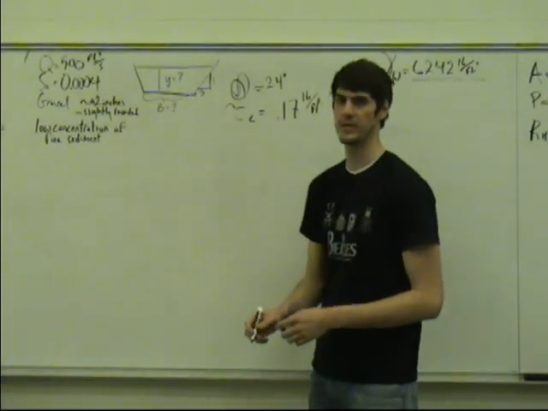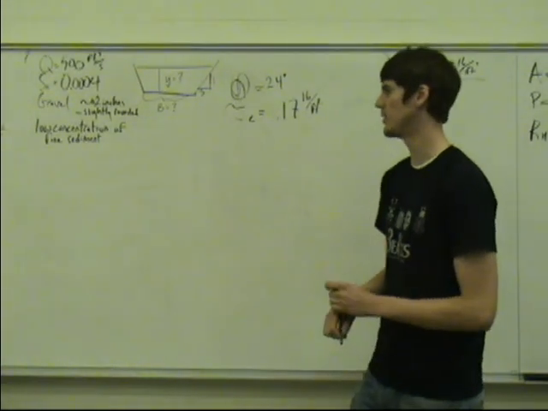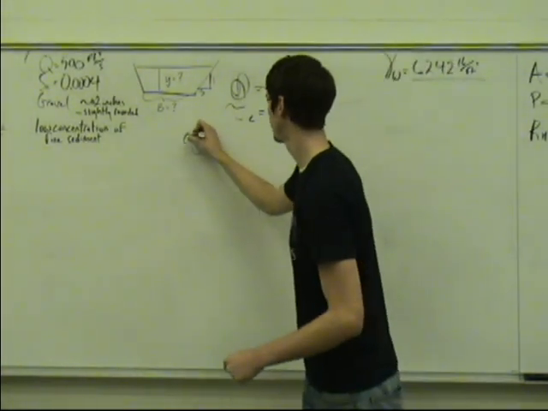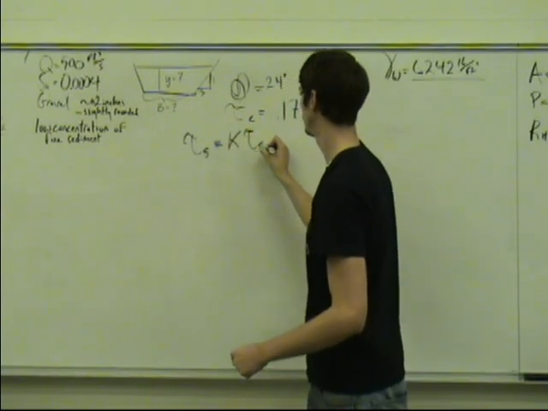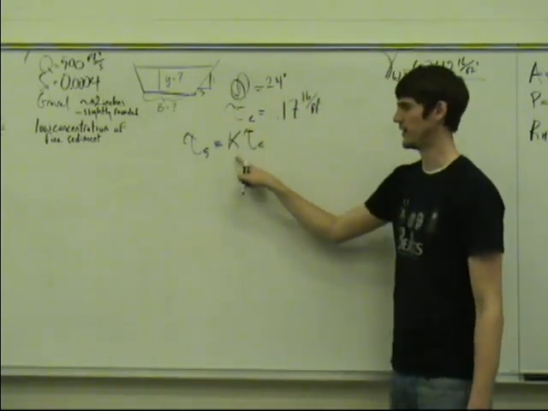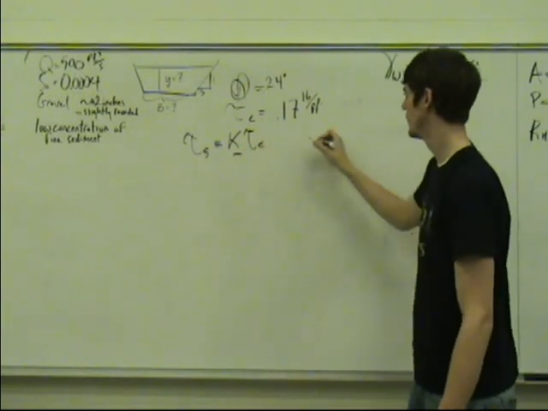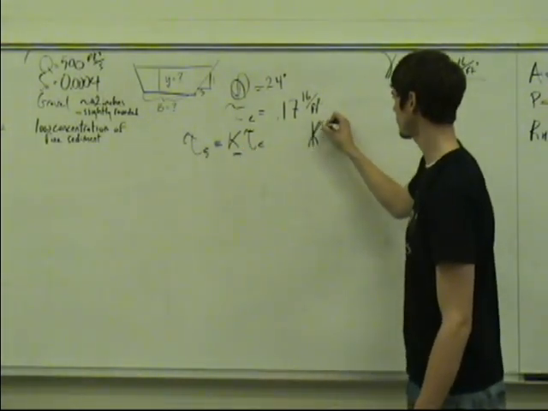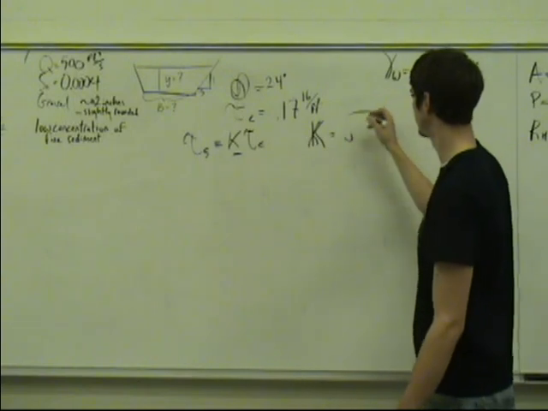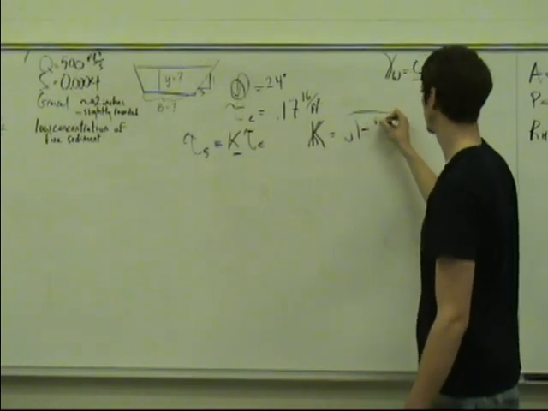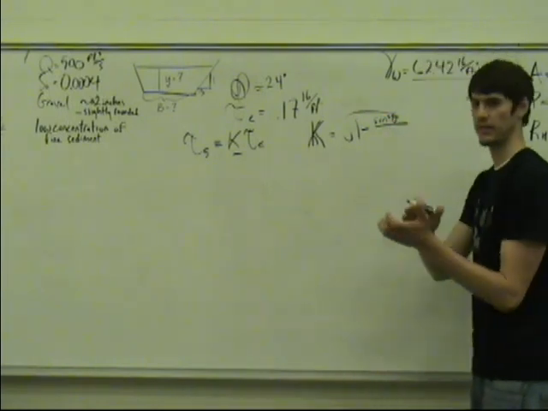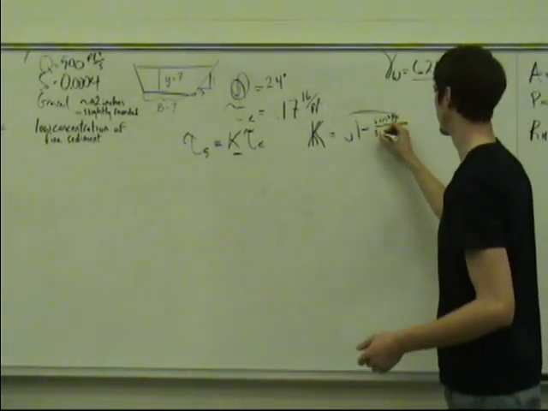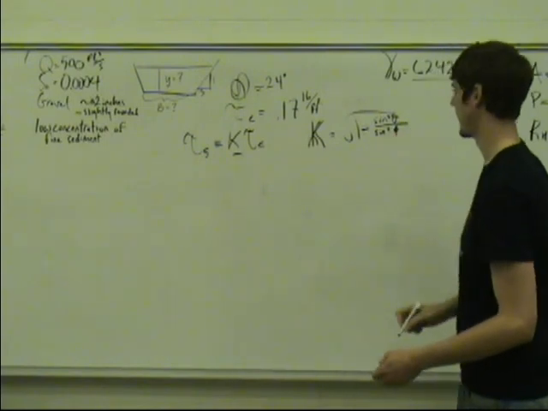In order to determine the critical shear stress on the sides, we're going to use this equation, and we're going to need to solve for K. K is equal to the square root of 1 minus sine squared theta, where theta is the angle of the side slopes, divided by the sine squared of the angle of repose.